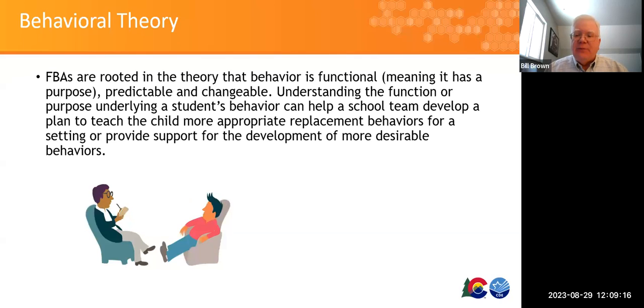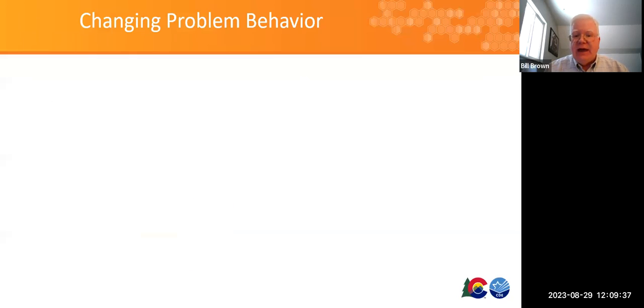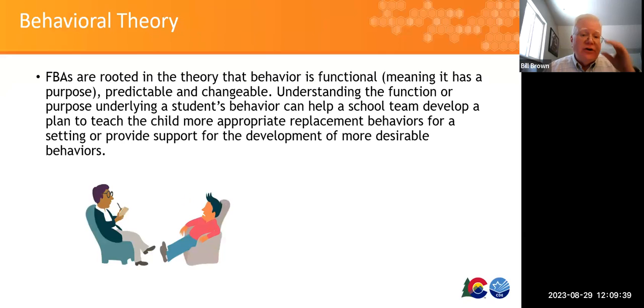We all get something from those behaviors, otherwise we would not engage in them. Instead of guessing in the dark, understanding the function helps us develop replacement behaviors that serve the same function, so they can get their needs met, but with behavior that's more socially acceptable.